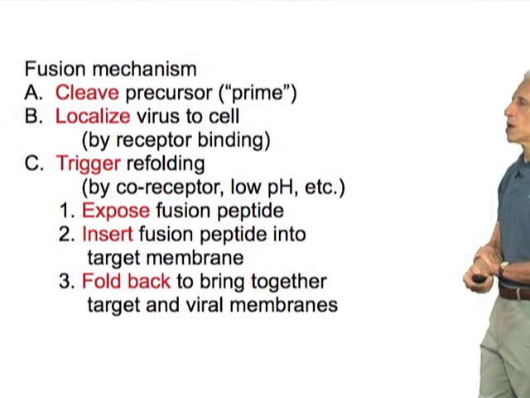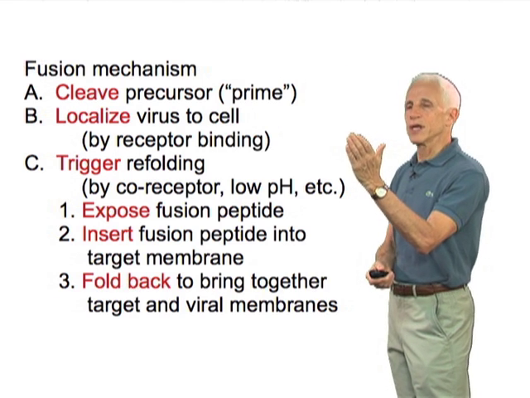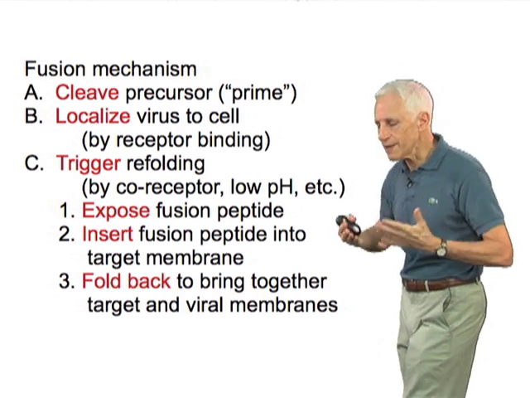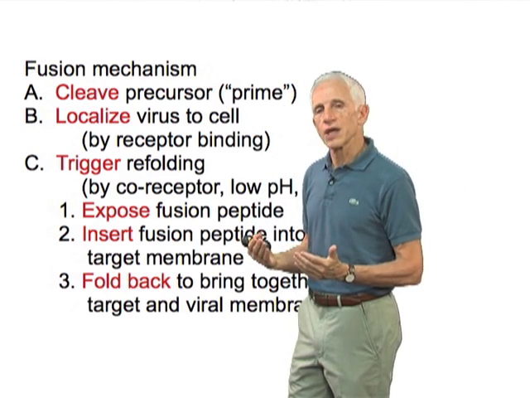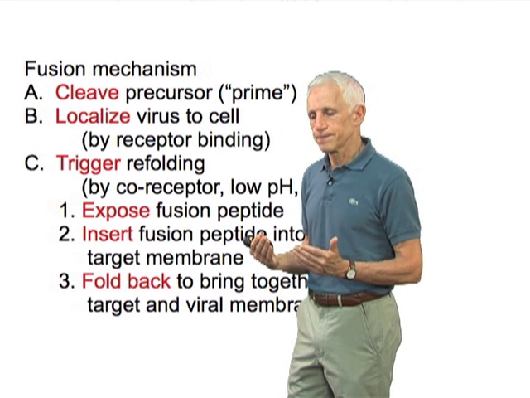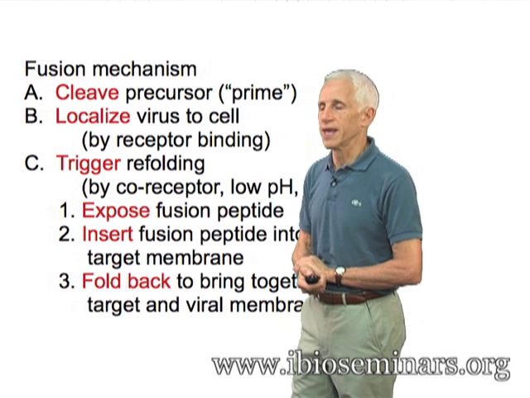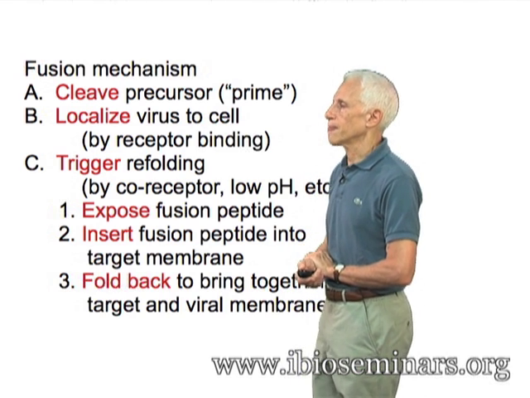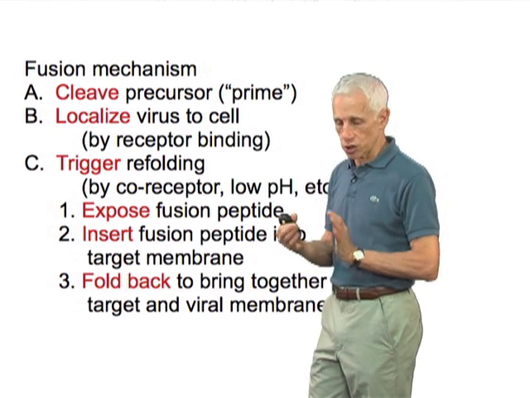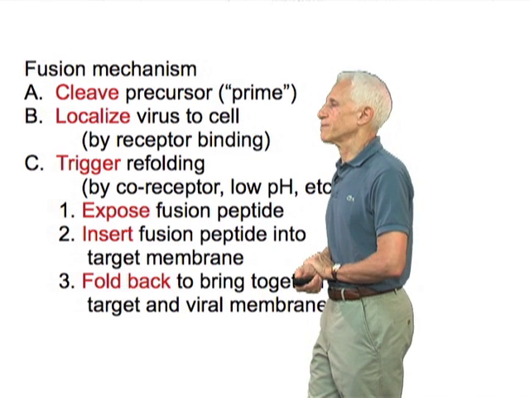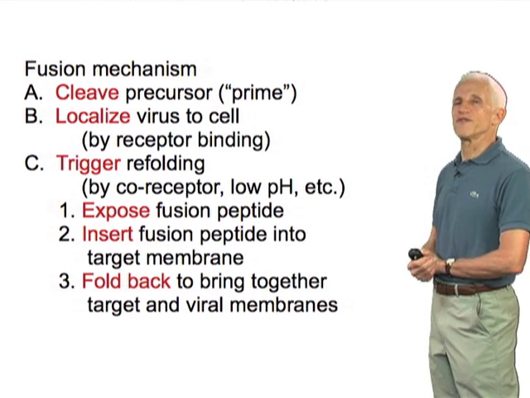And so the fusion mechanism can be thought of as cleaving the precursor or priming this fusion machinery, localizing the virus to the cell by receptor binding, ultimately by uptake into the endosome. And the triggering of refolding, in the case of flu by low pH, in the case of other viruses, let us say by a receptor or co-receptor binding, leads to this stereotypical sequence of events.